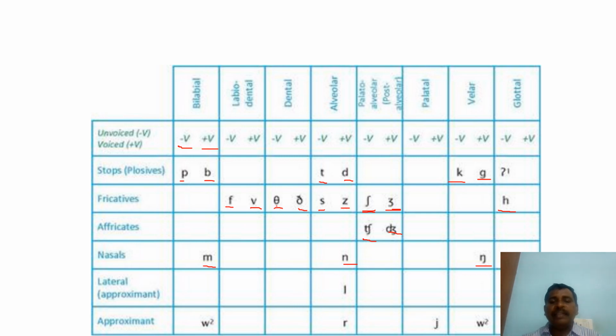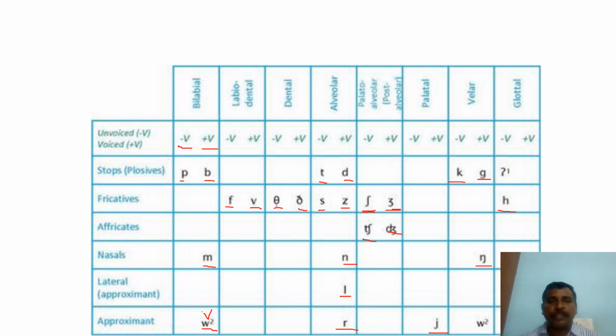Then we have l, it is voiced. Then we have v, voiced, r, voiced, y, voiced. If you understand the difference between voiced and voiceless in English consonants, understanding ED endings is easy.